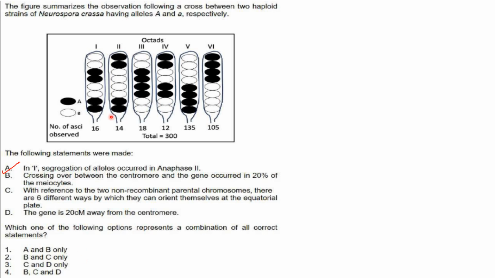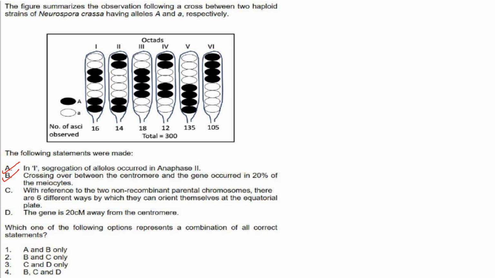Now how will you calculate that? You calculate the number of recombinants by total number of offspring into 100. That is 16 plus 14 plus 18 plus 12, that will give you 60. 60 divided by 300 into 100 will give you 20%. So that is also correct.